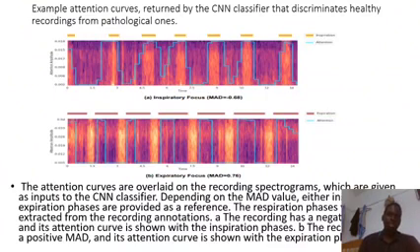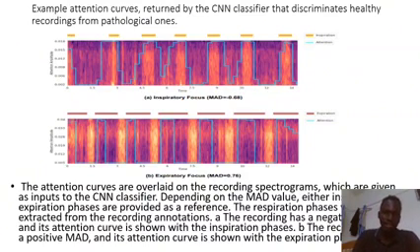This slide is an example attention curve returned by the CNN classifier that discriminates the healthy recordings from the pathological ones. The attention curves are overlaid on the recording spectrograms. The blue curve is overlaid on the recording spectrogram, which is given as input to the CNN classifier.